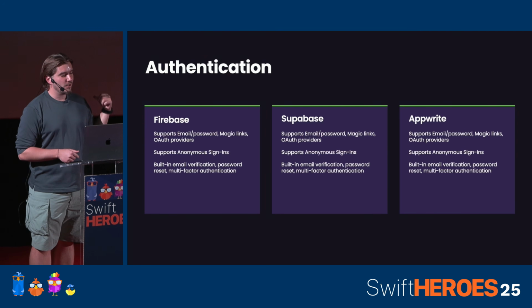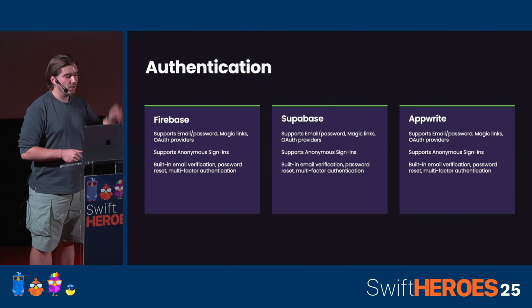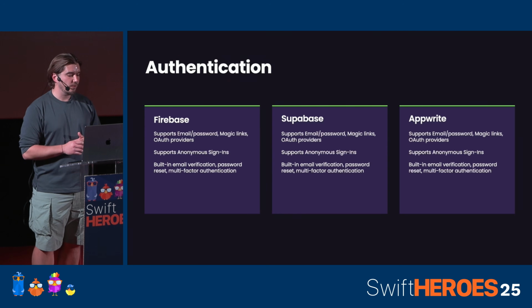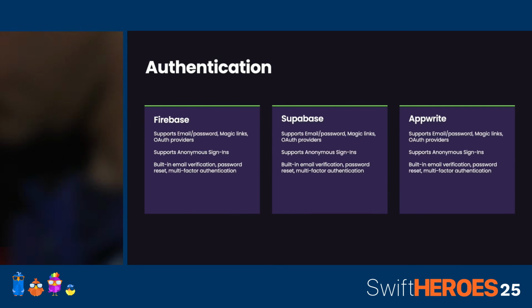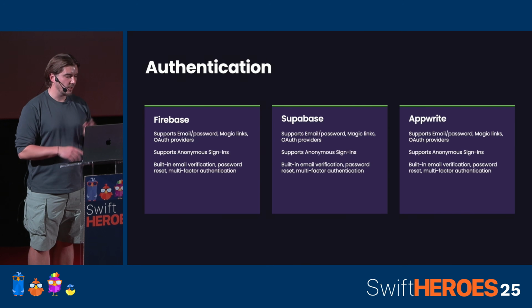Let's start with the authentication part. All three platforms have a similar set of features. So we have email and password authentication. We can use magic links or use OAuth providers like sign in with Apple, Google, Facebook, GitHub, whatever.